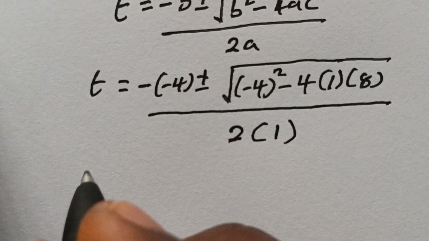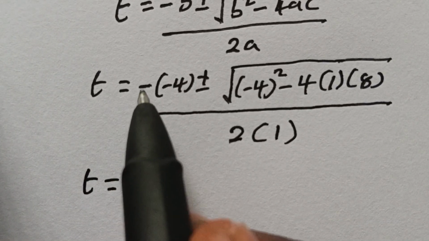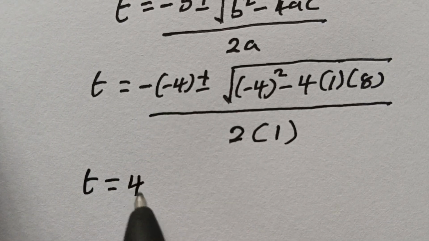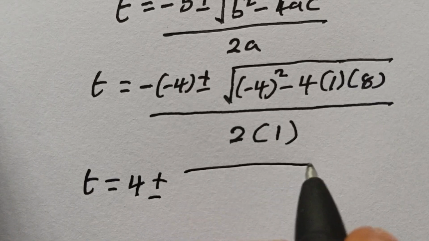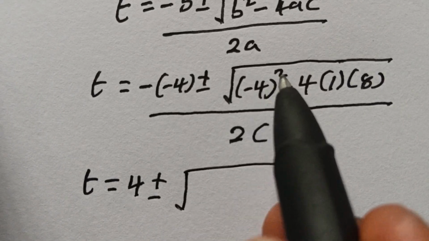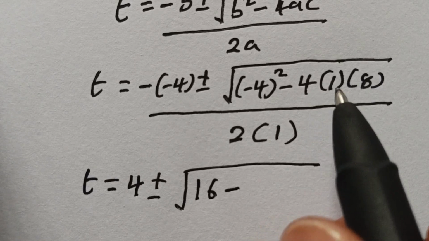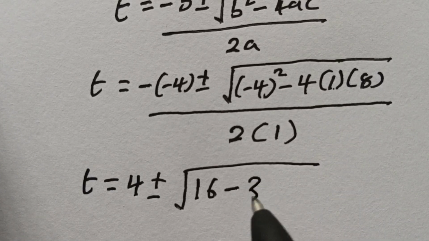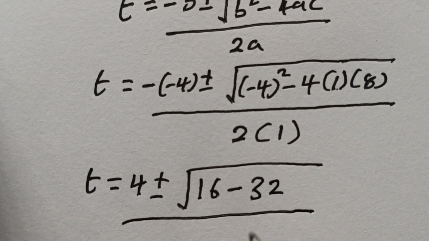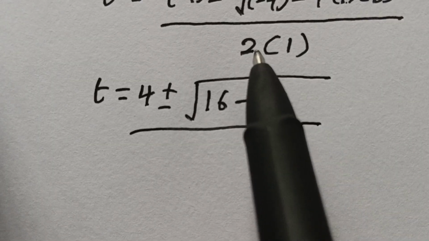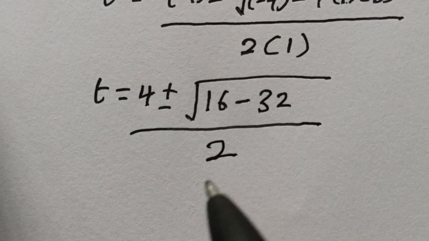Let's continue. T equal to minus times minus 4, that is 4, plus or minus square root of minus 4 all squared, that is 16, minus 4 times 1 times 8, that is 32, divided by 2 times 1, we have 2.